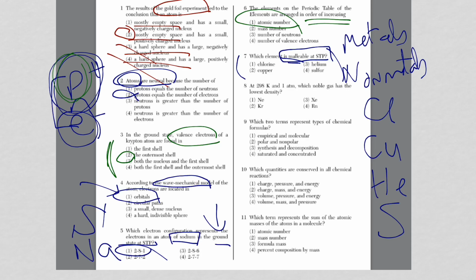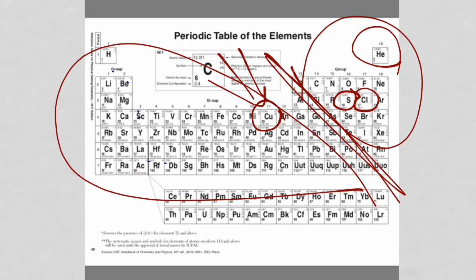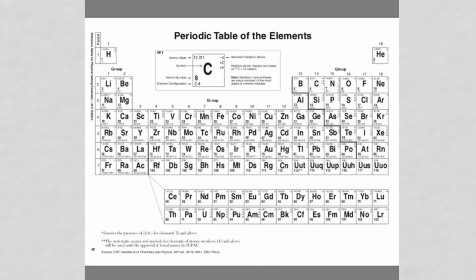So for number 8, we're looking at which noble gas has the lowest density. Well, for densities, of course, those are listed once again on reference table S. There's a lot of information there, and students forget to look there. Another way that we can check it out is that if we had the same volume of these 4 noble gases, if I go back to the periodic table and I erase all of this, as I go down the periodic table, the masses are going to get larger and larger for the same volume.